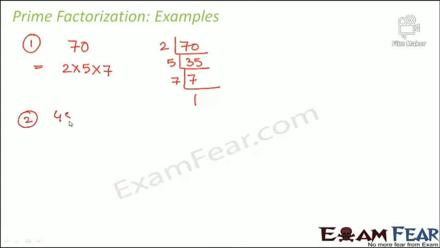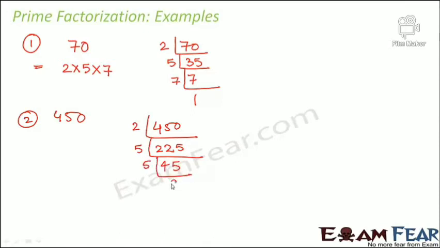Let's look at another example. Let's consider the number 450. This is comparatively a bigger number. Let's start with 2 again. 2 2s are 4, 2 5s are 10. So 225. This will be divisible by 5, because a number is divisible by 5 whenever it has 0 or 5 in its units place. 5 4s are 20, 5 5s are 25.